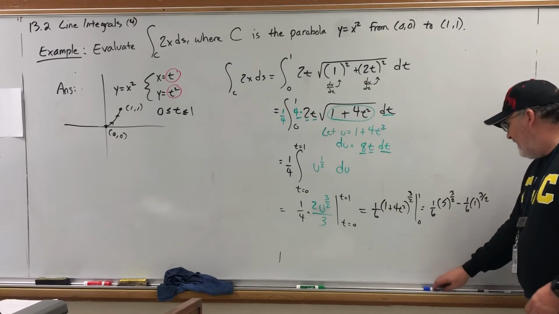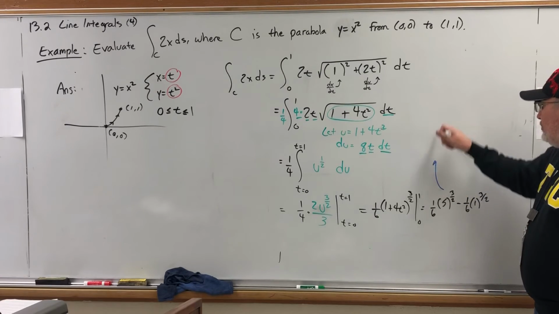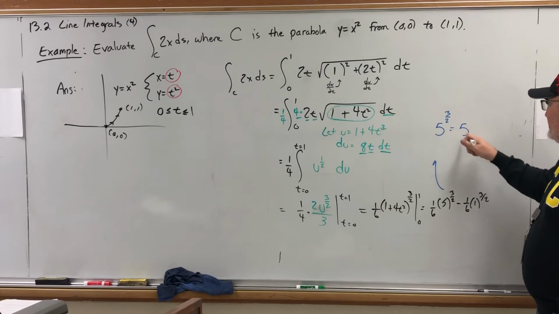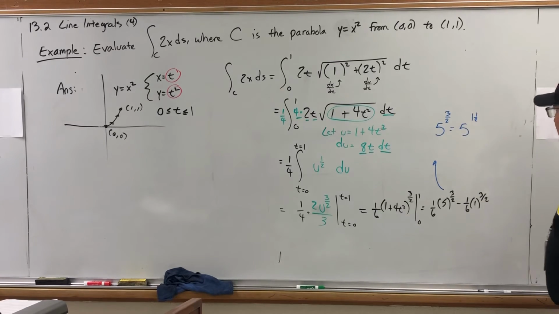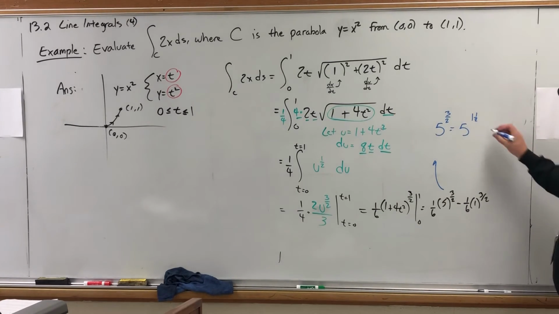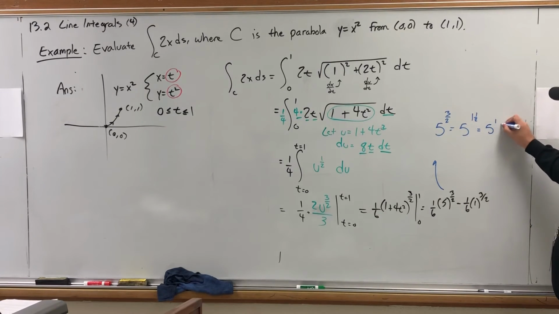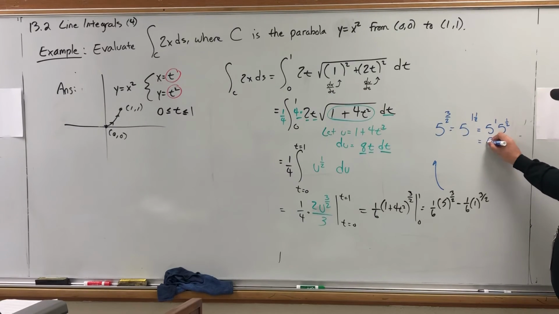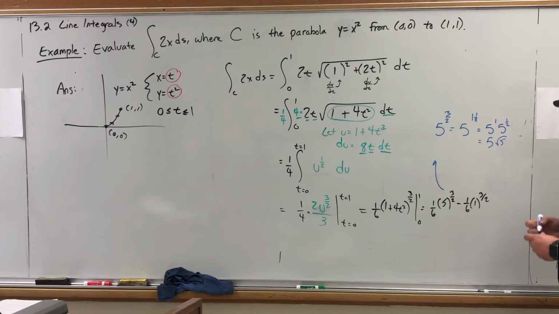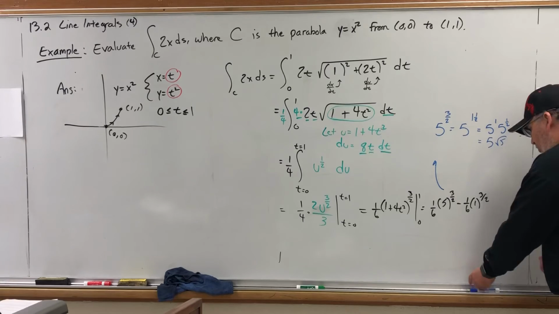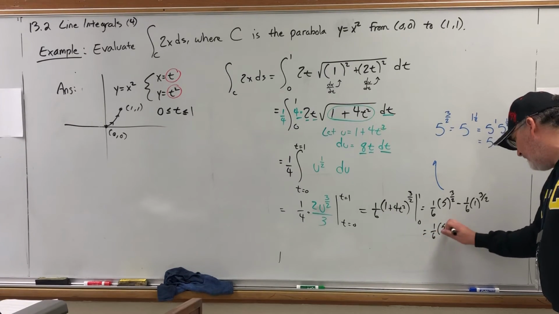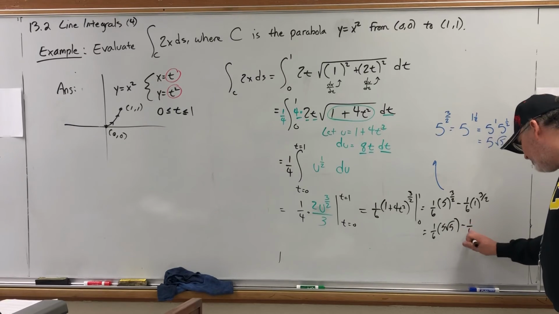But as far as the 5 to the 3/2, you're probably obligated to do the following. 3/2 is the same as 1 and 1/2. 1 and 1/2 is the same as 1 plus 1/2. So you could break this down into 5 to the first times 5 to the 1/2. Well, 5 to the first is 5, and 5 to the 1/2 is the square root of 5. So we could say 1/6 times 5 square root of 5 minus 1/6.